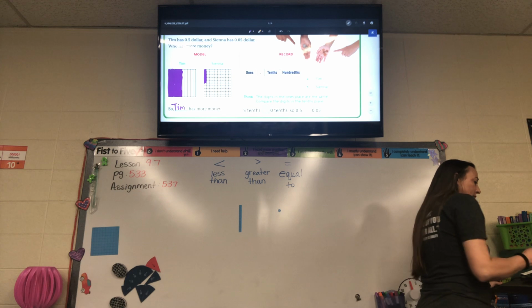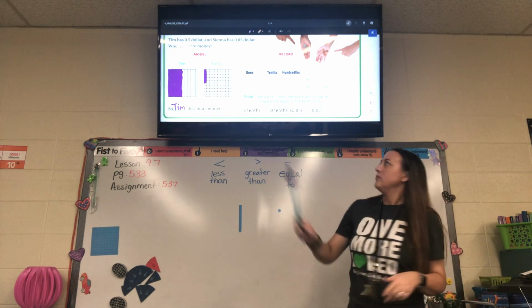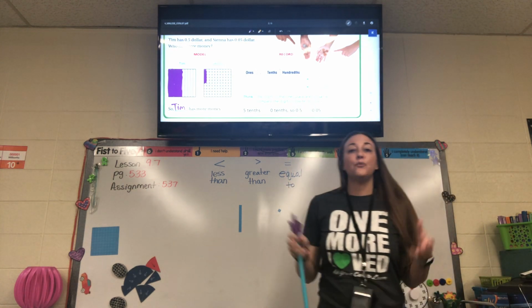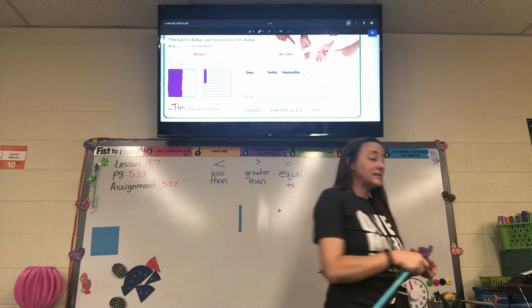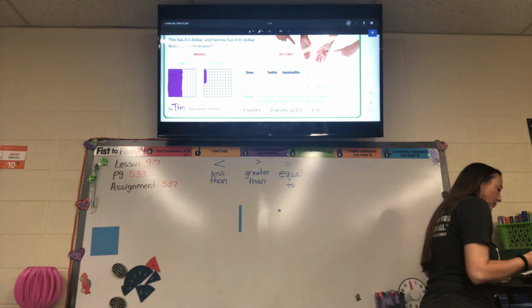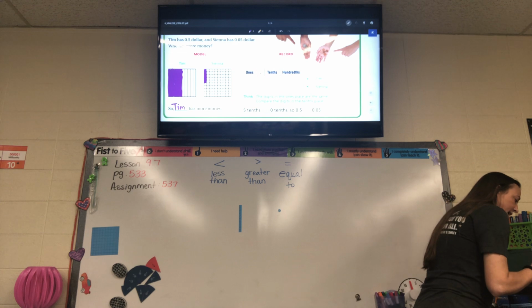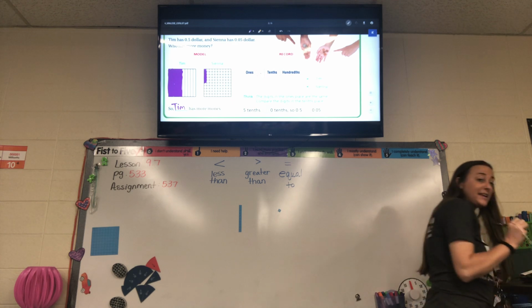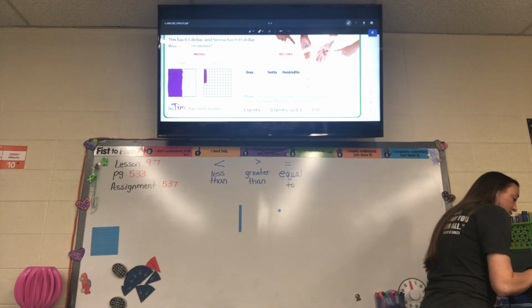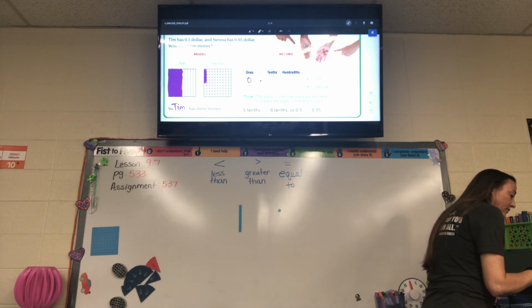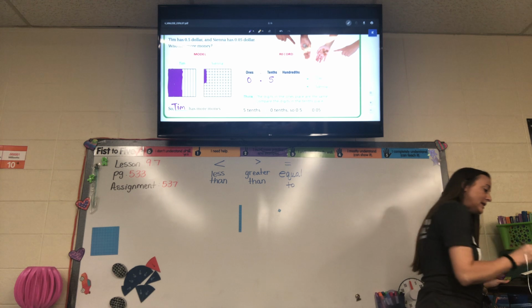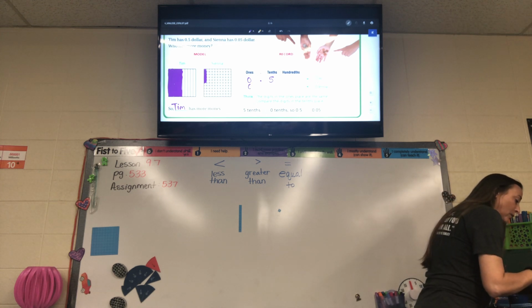Okay, and right now, this is the way that I prefer to compare decimals. Tim again has 5 tenths. That means he has no whole dollars, so it would be a 0 in the ones place, then your decimal, and then a 5 in the tenths place. Sienna has 0 whole dollars, 0 tenths, and 5 hundredths.